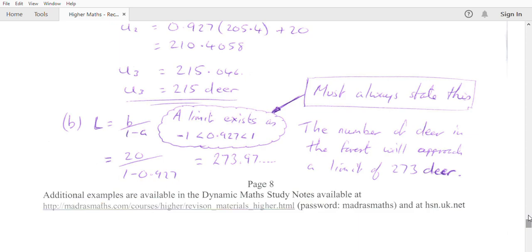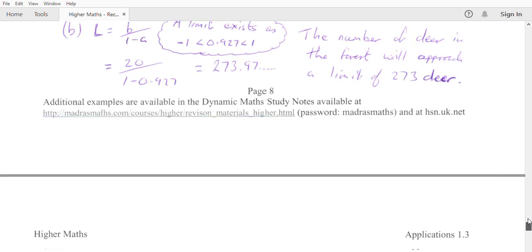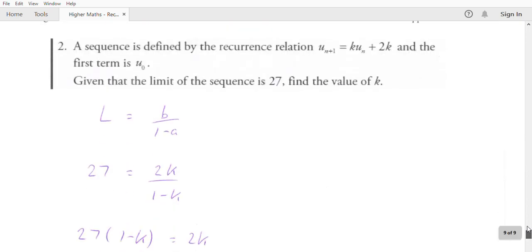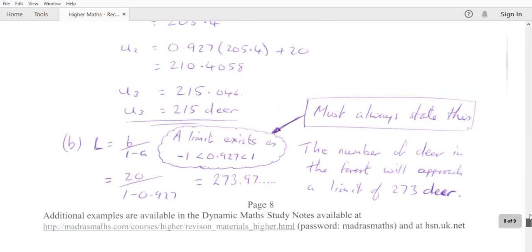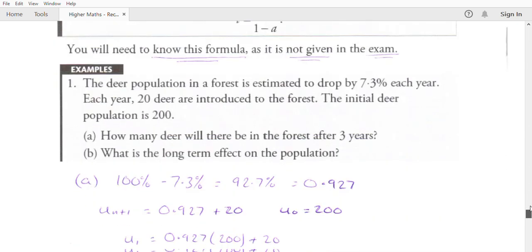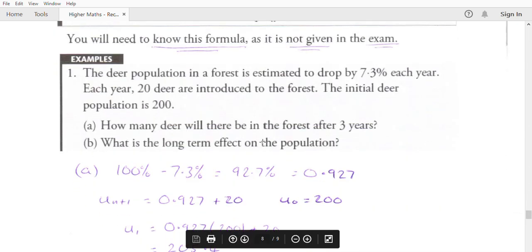So the number of deer in the forest will approach a limit of 273 deer. Okay, and that is the limit question done. It is very common to get some sort of context there and to be asked to find the limit.